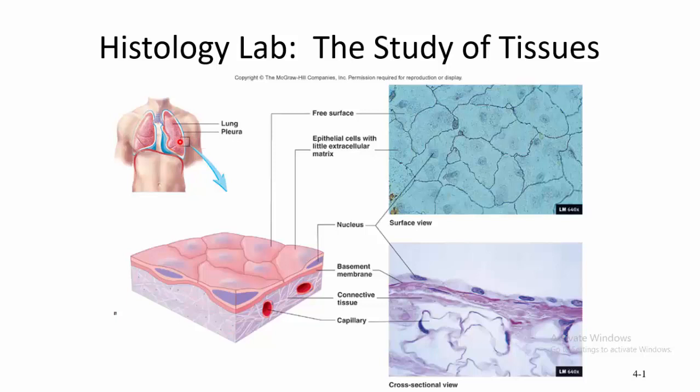If we take a sample of a tissue from an organ and then look at it with a microscope, that's what we'd see. What we're seeing here is simple squamous epithelium, which is a single layer of flat cells, and they look kind of like pavement stones. Simple squamous epithelium.